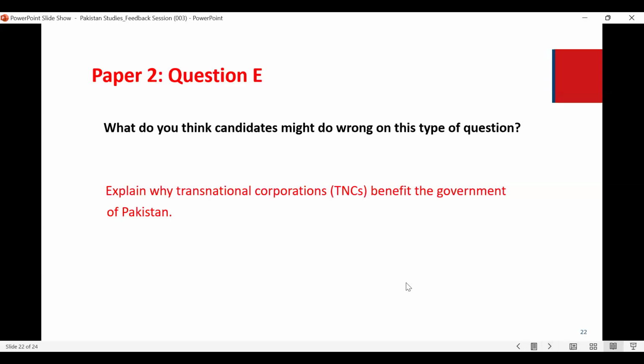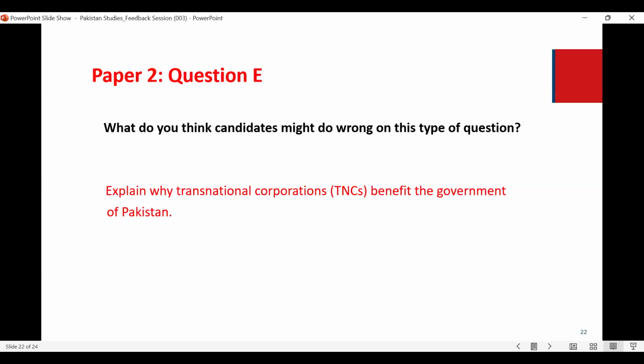Okay, let's have a look at question E. All right, so we've got 6 marks here. What do you think candidates might do wrong on this type of question? Hopefully you've got your mark scheme available.